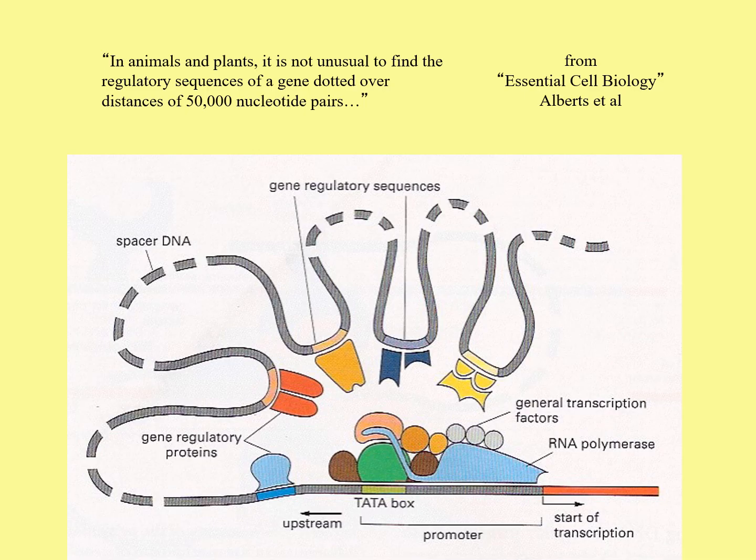This slide shows an image from a common cell biology textbook that indicates that typically a large number of proteins are involved in the regulation of a gene. Further, the DNA sequences that regulate transcription of a gene can be close by or very far away from the gene.